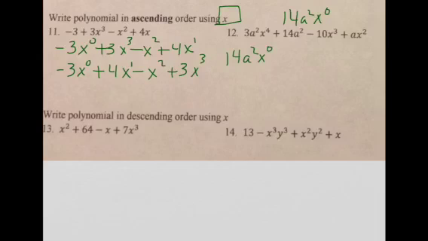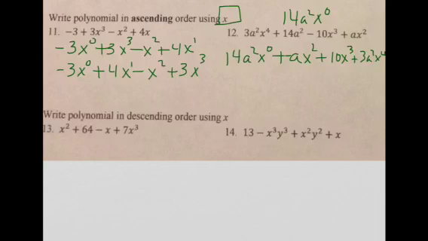Okay, so we have x to the 0, we don't have an x to the 1, so the next one is going to be plus ax squared, and then plus 10x cubed, and then plus 3a squared x to the 4th. So the exponents on the x are ascending.